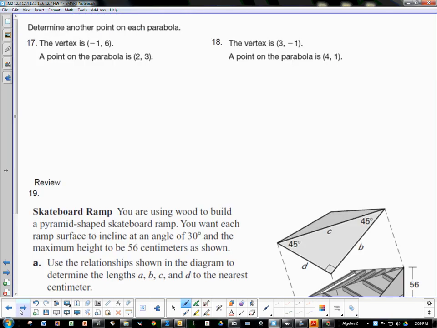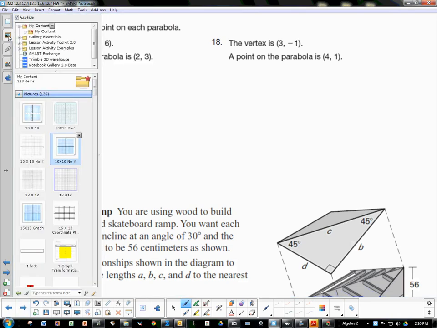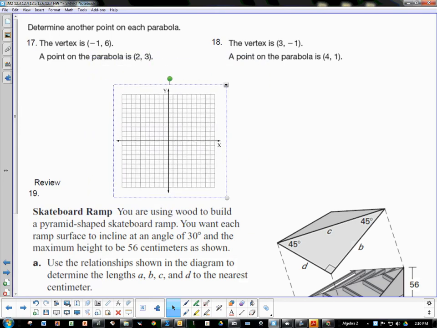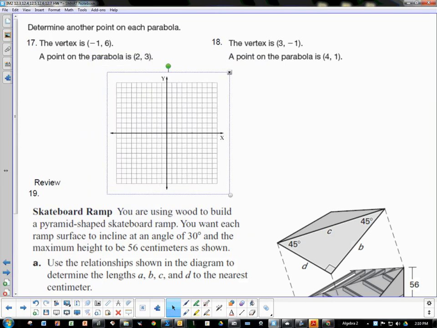All right. Moving ahead, number 17. Number 17 says determine another point on the parabola. Okay, so once again they've given us a point and the vertex. All right. So let's go ahead and grab a graph here. There we go.